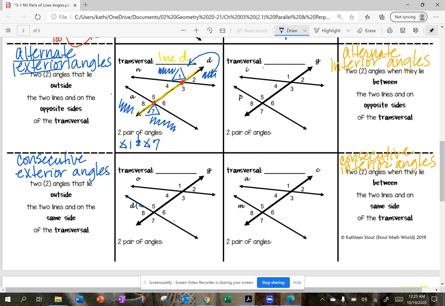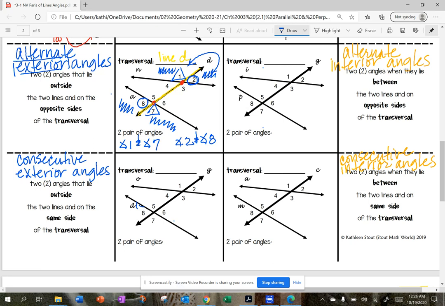My other pair of alternate exterior angles is angle 2 and angle 8. Angles 1, 2, 7, and 8 are on the exterior, but when I'm talking about an alternate pair, I have one on each side.